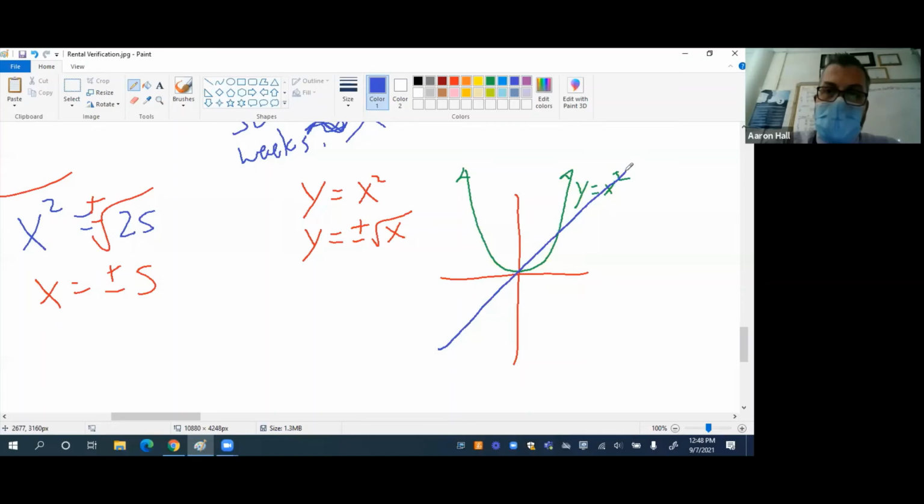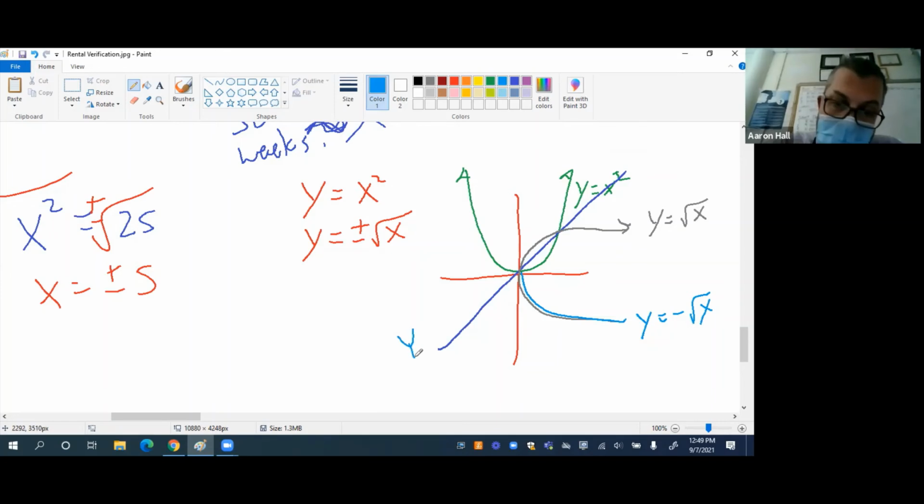We'd get something like this for our y equals the square root of x, and this piece here is our y equals minus the square root of x. These graphs are relations. The relation graphically is a reflection across y equals x, always.